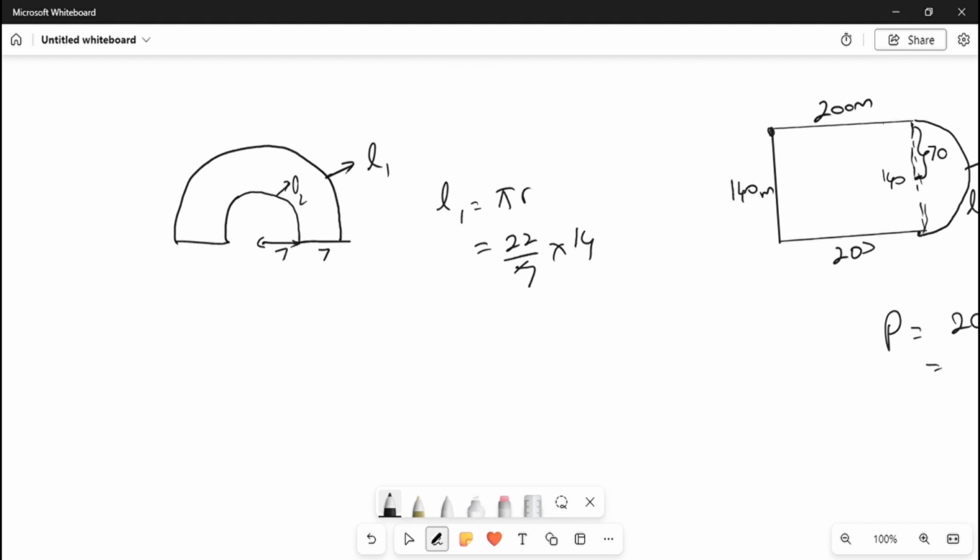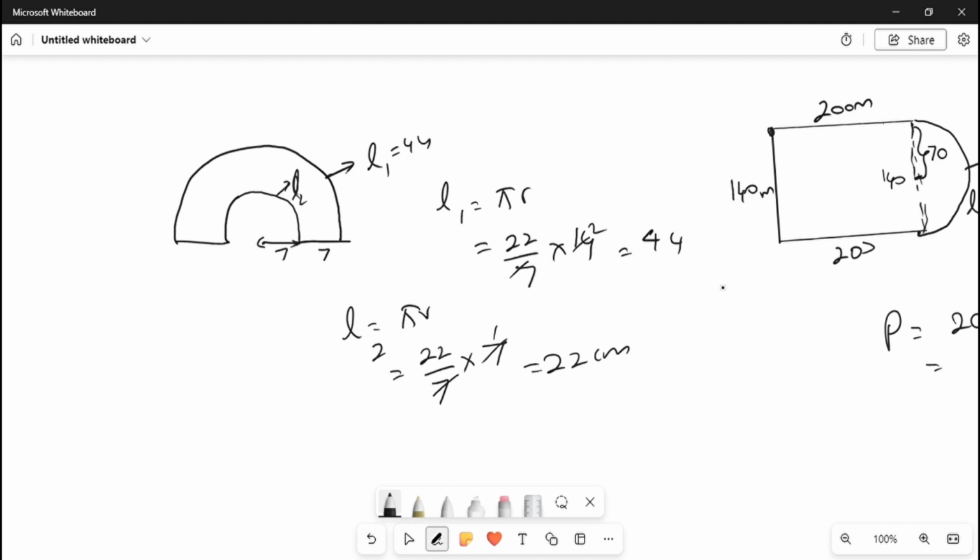That is 22 into 2, 44 centimeter. L1 is 44 centimeter. L2 is also pi r, but here radius is different. Pi is always the same, 22 upon 7 into radius 7. 7 divided by 7 is 1, 22 centimeter.